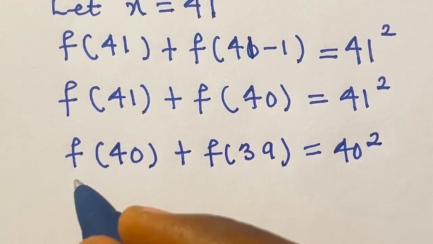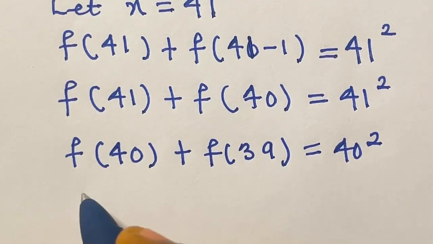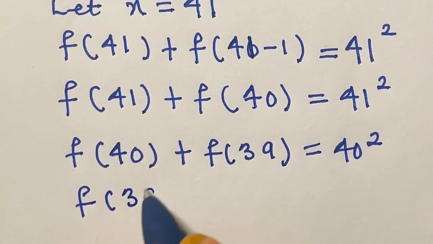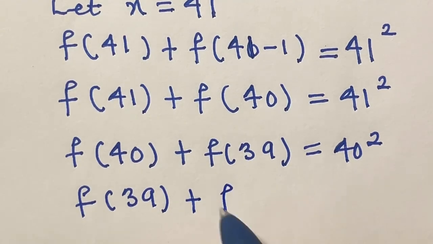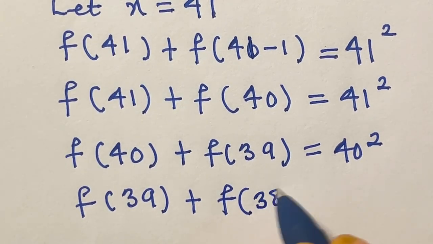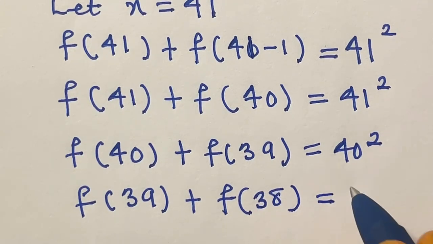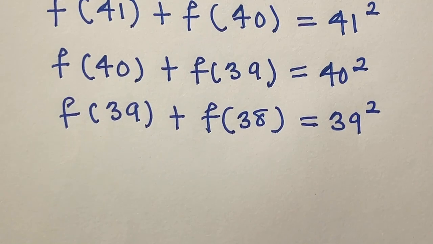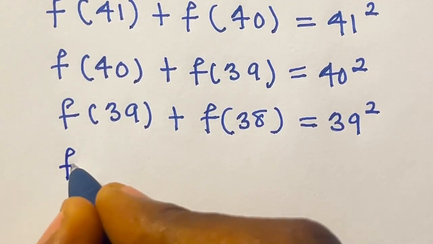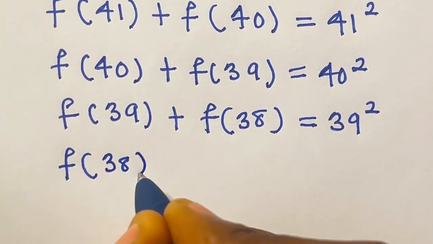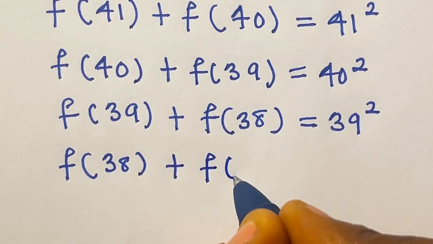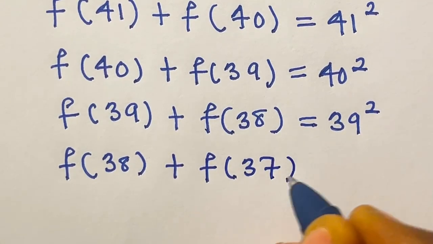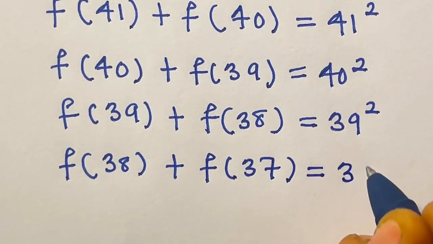All right. So again, we have f of 39 plus f of 38. This will be 39 squared. So we still move again. We have f of 38 plus f of 37 equals 38 squared.